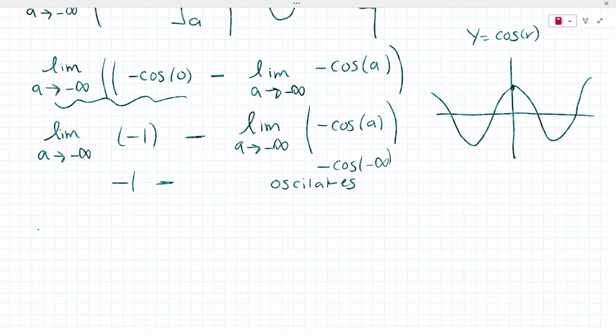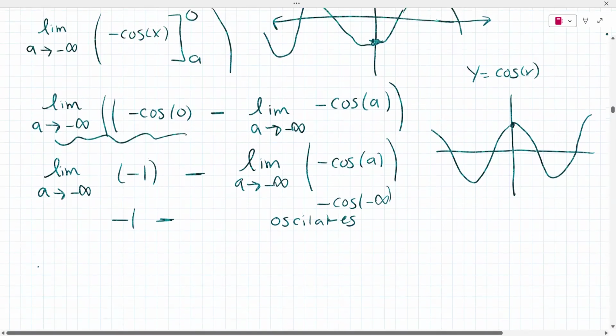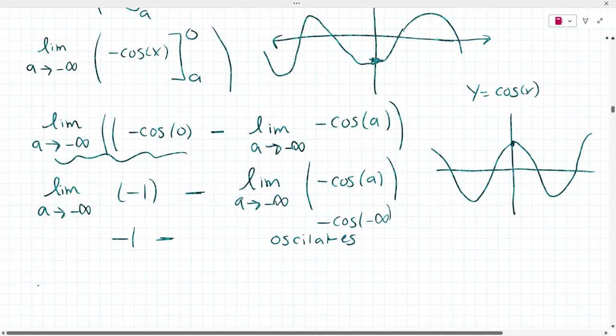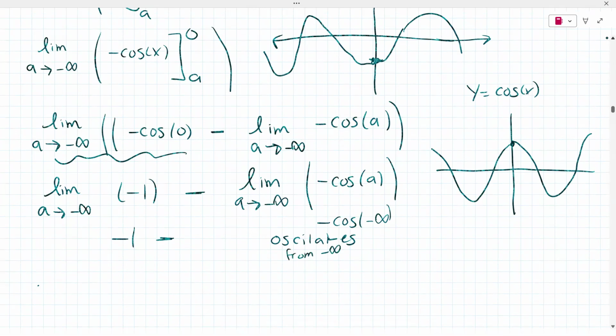If you look at the negative cosine graph right here, it oscillates, so that would be undefined. So this is undefined. So what is -1 minus an undefined? It is undefined. So it's going to be divergence.